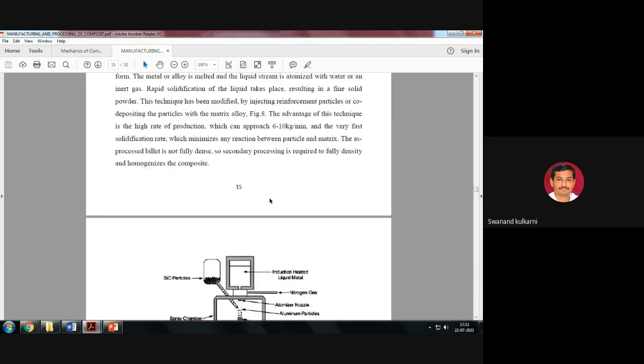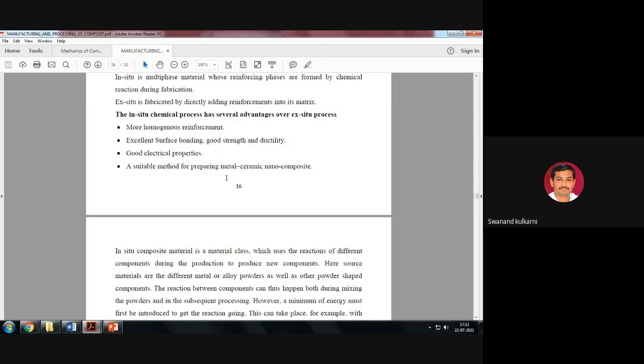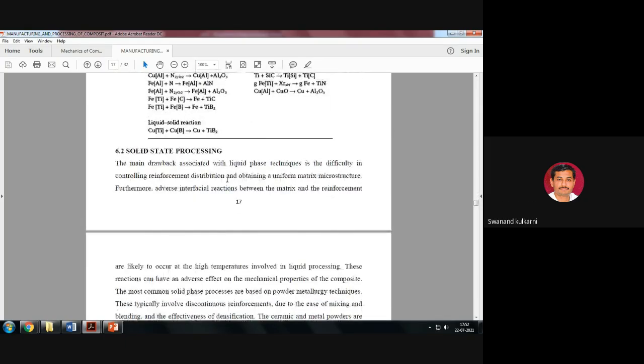Here you can see spray deposition. Is it okay? So these silicon carbide particles and these heating elements are present here. The spray chamber is present here. Rollers are present here. Is it okay? So round spray deposit billets are present here, and the exhaust is present here. So we can understand here how this spray deposition method happens.